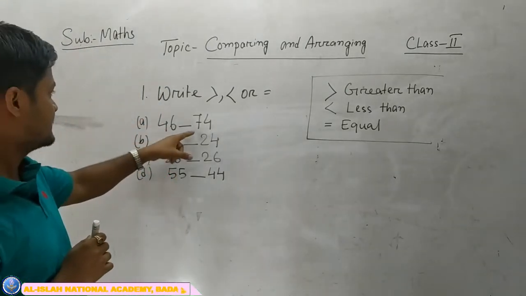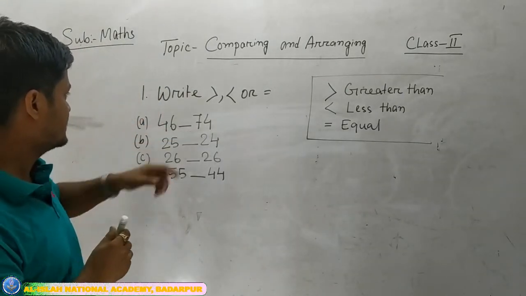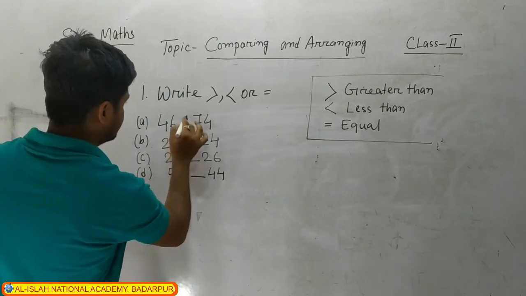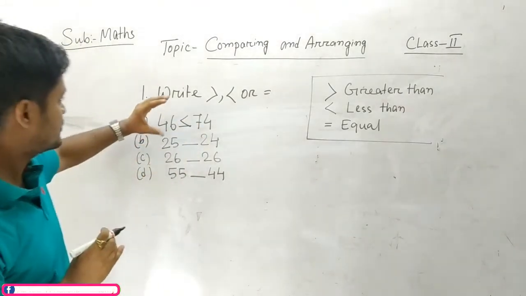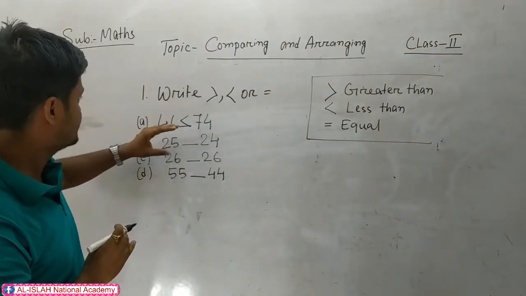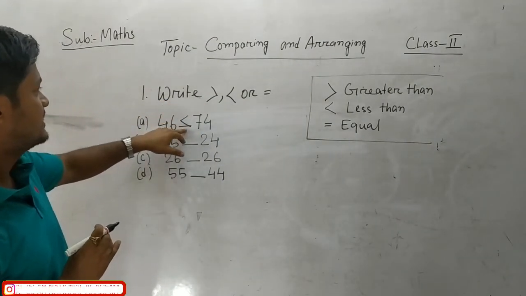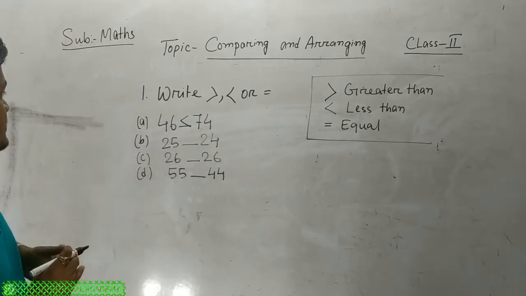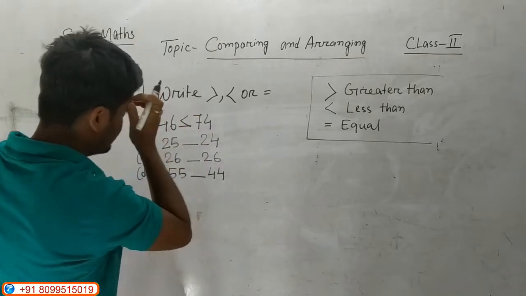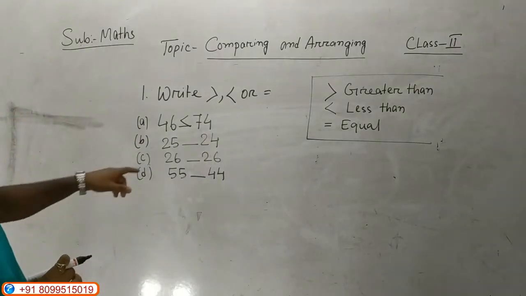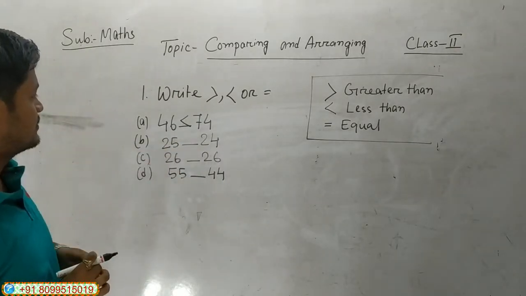So we put this sign. This is called the less than sign. So 46 is less than 74.